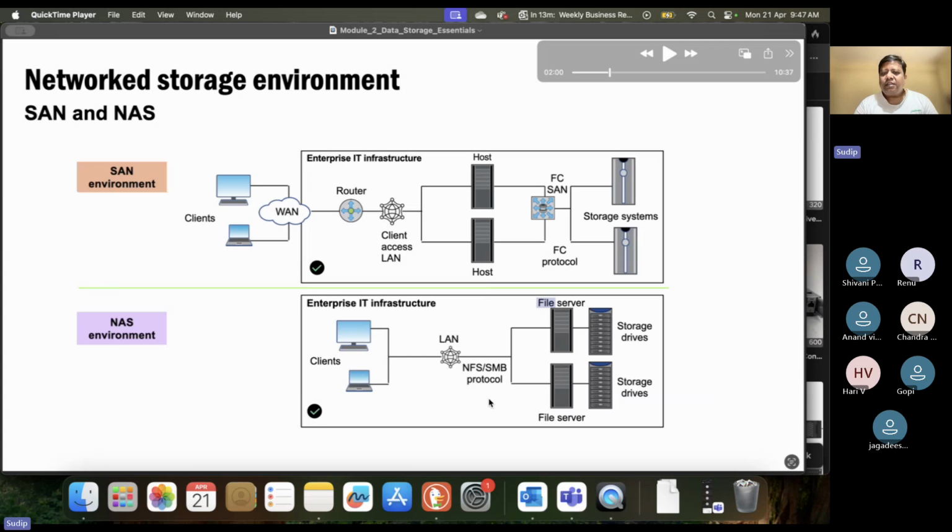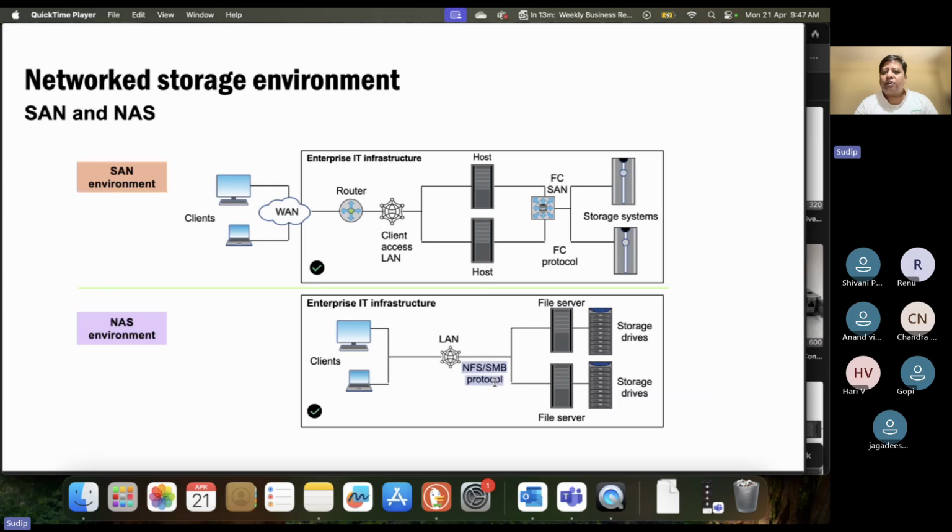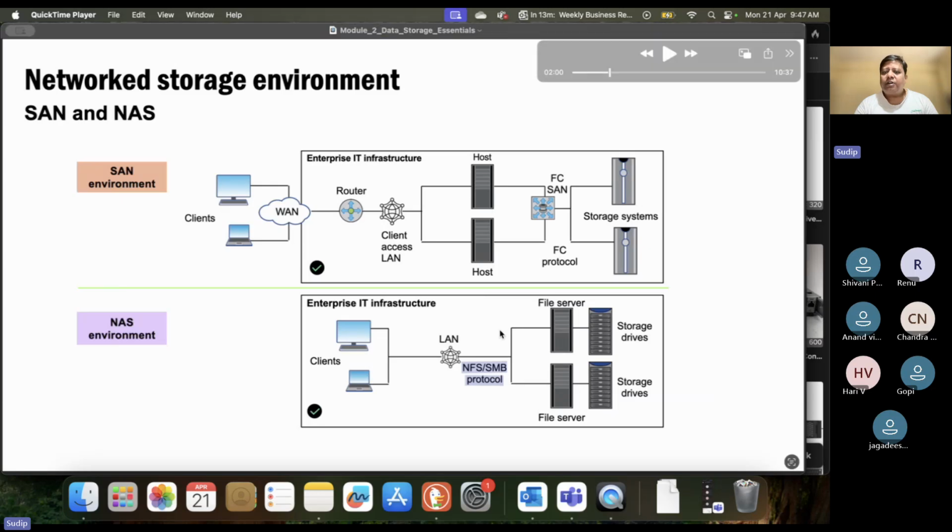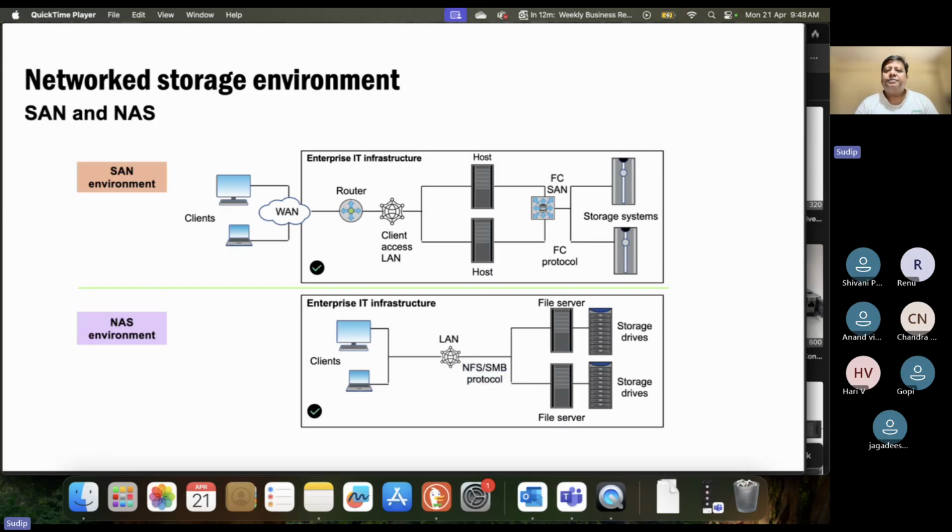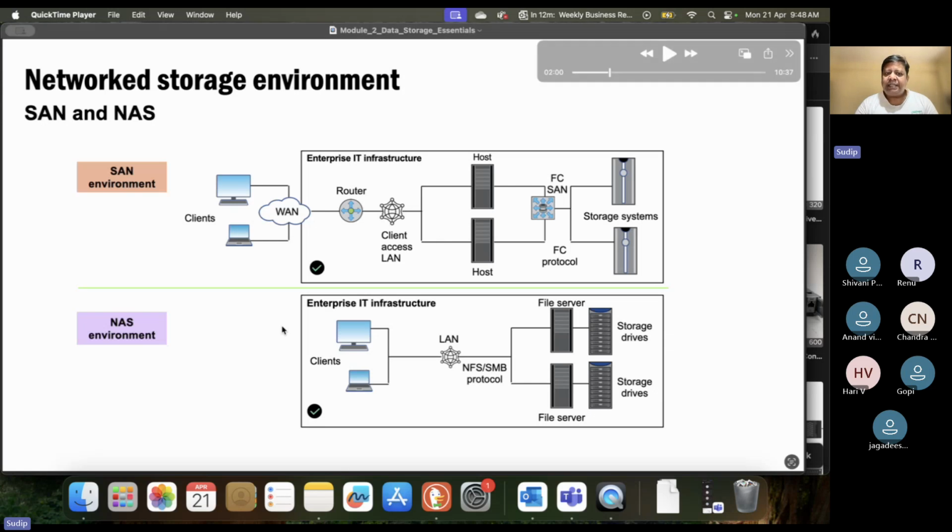Hence the protocol used is also separate. It's not the fiber channel protocol, because here servers are not accessing the storage. Here you and me as users are accessing the storage. So the protocol is different. We will learn later what is meant by NFS and SMB. But the basic difference between a SAN and a NAS is who owns the file system.